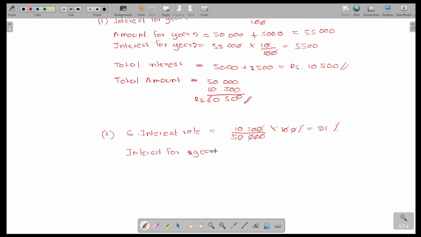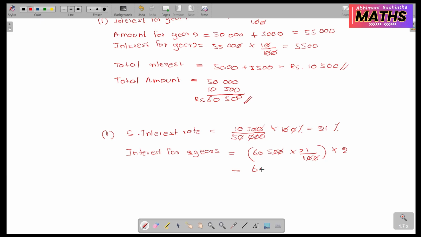So the deposited amount in the finance company is 60,500 into, now we know the rate, that means 21 over 100. This is interest for 1 year, up to only 2 years. So we multiply this by 2. Then this is simplified. Then 605 into 42.